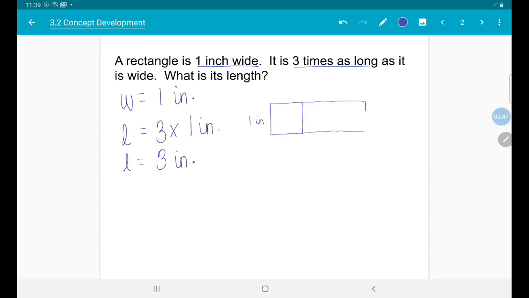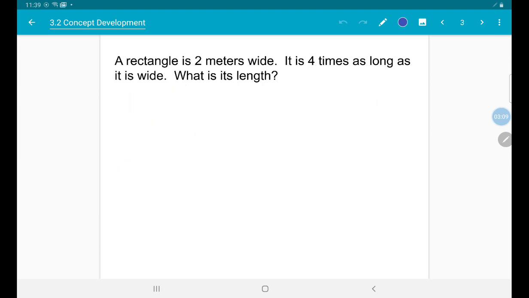And in my rectangle, it would take 3 of those 1 inch squares. So if each square was 1 inch, 1 inch, and 1 inch, that would be a total of 3 inches. Okay, let's try another one.